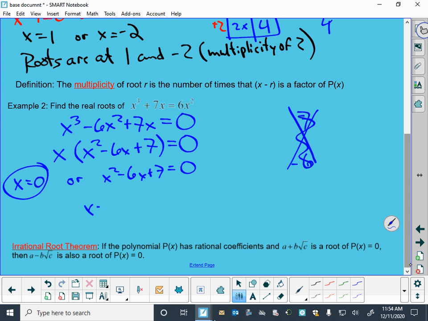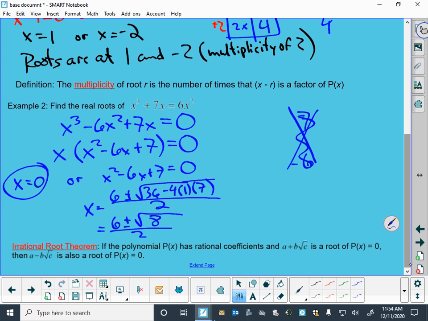So they are at x equals the opposite of b plus or minus the square root of b squared minus 4 times a times c all over 2 times a. So that is a 6 plus or minus the square root of 36 minus 28. Sounds like about an 8.